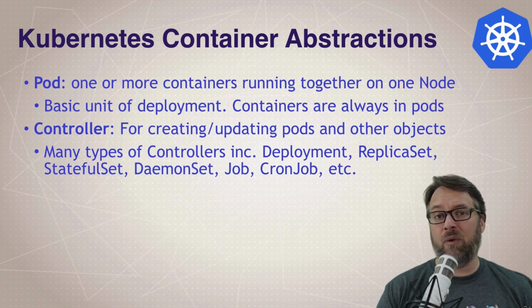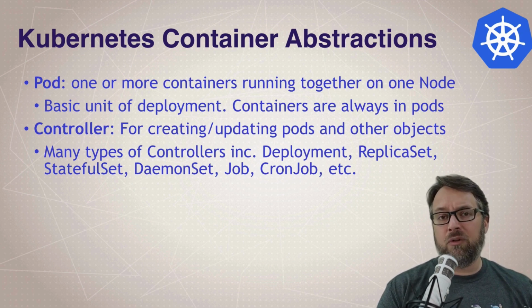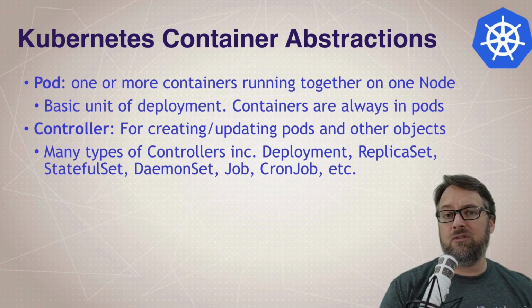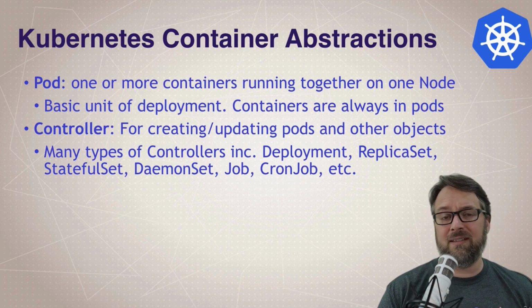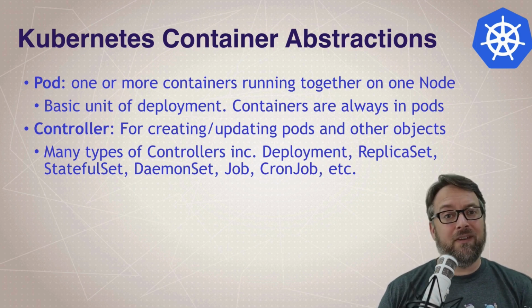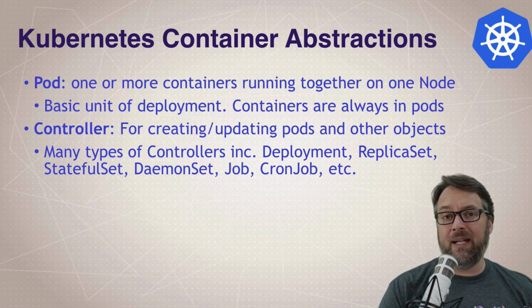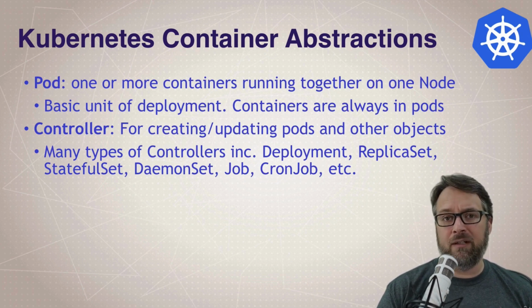Deployments are very similar to the way we did services in Swarm, and that controls your pods at lower levels. Then you can change up and do different types of controllers, even third-party types of controllers, including stateful sets and daemon sets and jobs and cron jobs and so much more. So that's part of the flexibility of Kubernetes, is that it gives us this basic unit of pods and then allows us to control that with controllers in different ways.